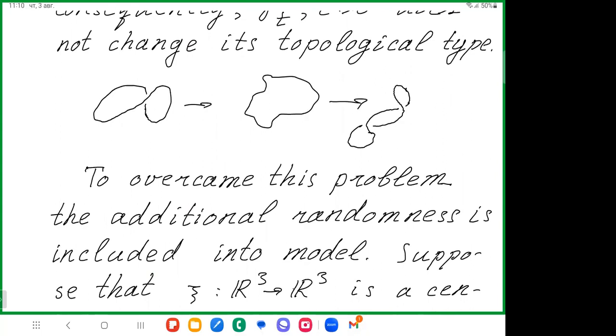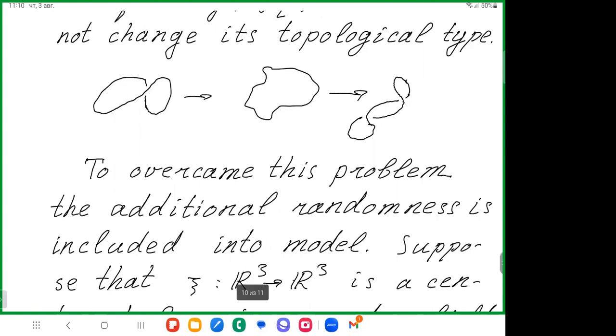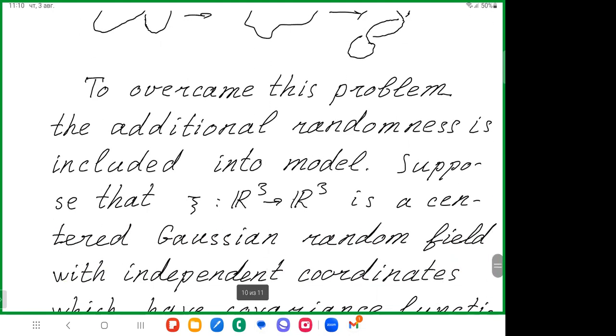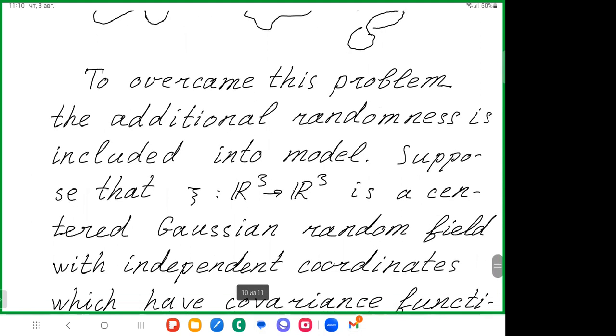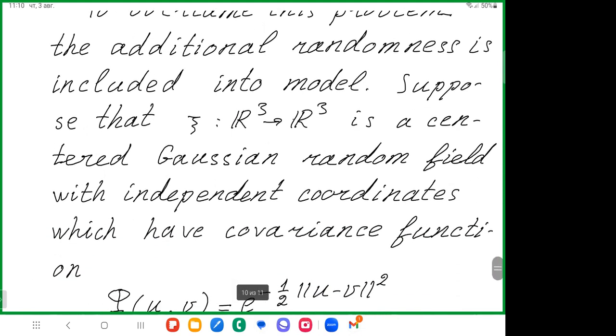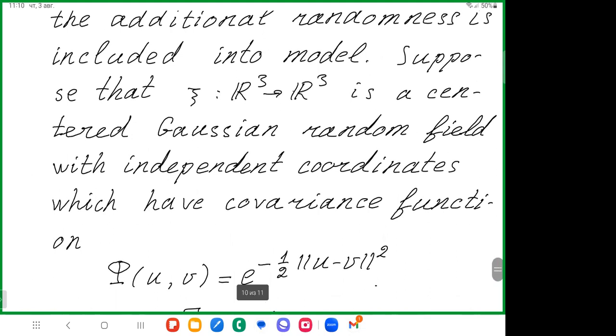Suppose that Xi from R3 to R3 is a centered Gaussian random field with independent coordinates, which has a covariance function like this: phi of u, v is equal to exponent of minus 1/2 times the norm of u minus v squared. This means that Xi has two essential features. One is the following: Xi is a smooth mapping because of its infinitely differentiable covariance.